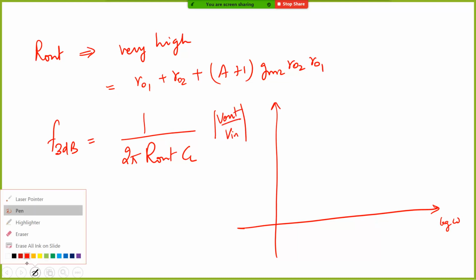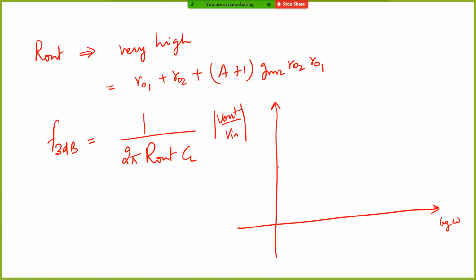Now you can basically say that if your normal cascode was something like this, your regulated cascode will be something like this. Let's say this is your normal cascode amplifier, and this other one is your regulated cascode.